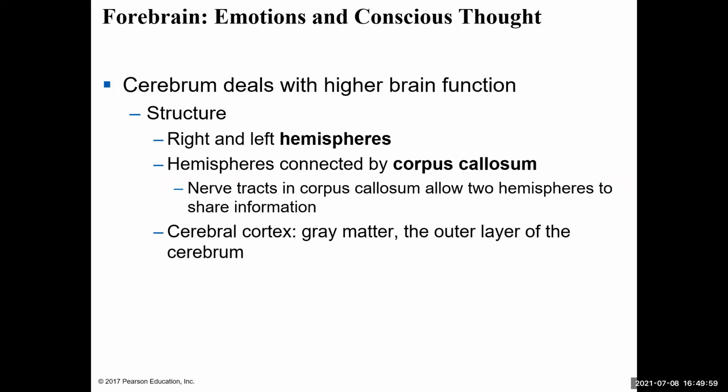And it deals with higher brain function. And so the cerebrum is divided into right and left hemispheres, and those hemispheres are connected by that corpus callosum. And so it's nerve tracts that allow those two hemispheres to actually share information.